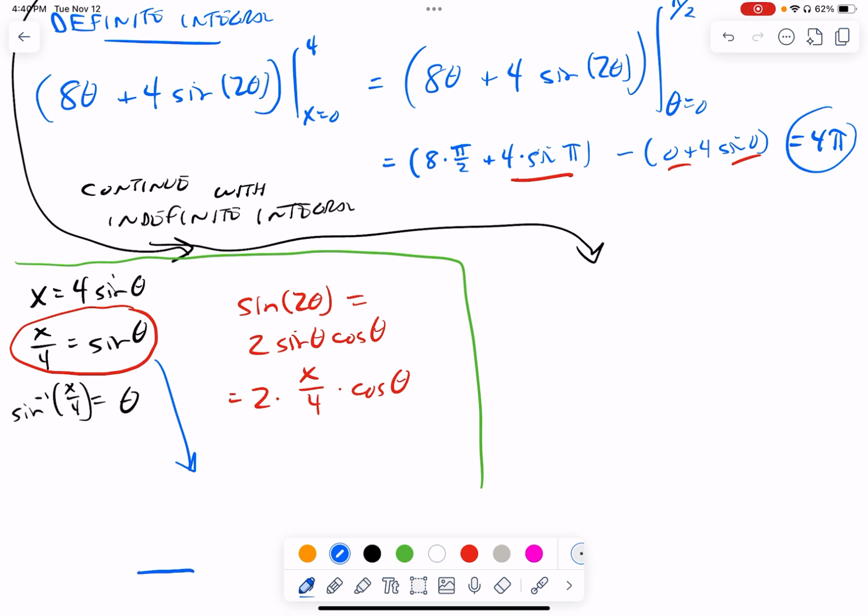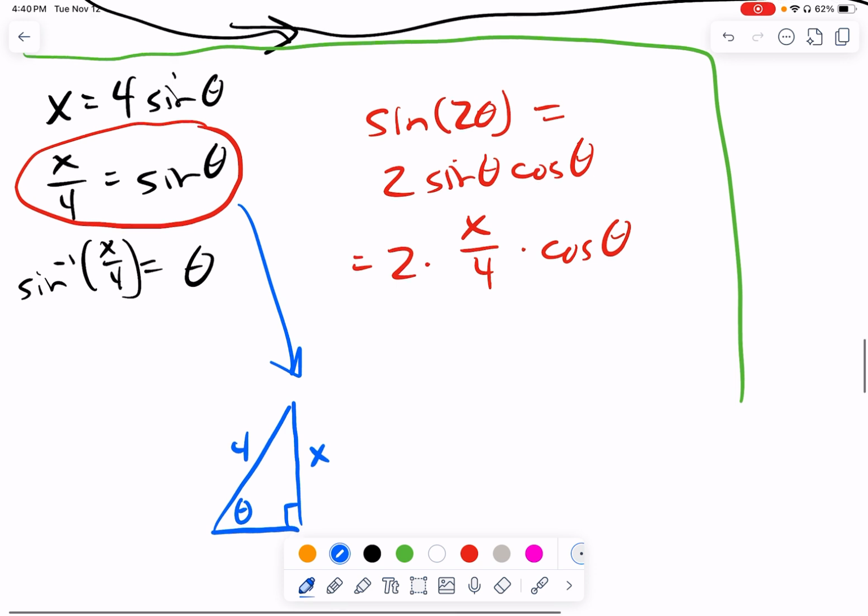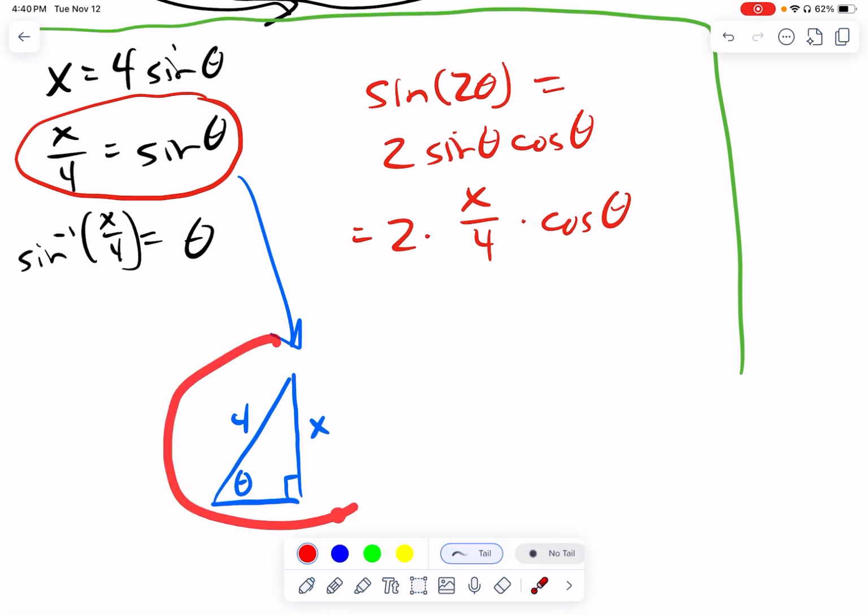Let's assume everything is positive, and we're just going to draw a little right triangle to illustrate that sine of theta is equal to x over 4. So if theta is here, sine is opposite over hypotenuse. So we could illustrate that like this. If I have a triangle that looks like this, then sine of theta is x over 4.